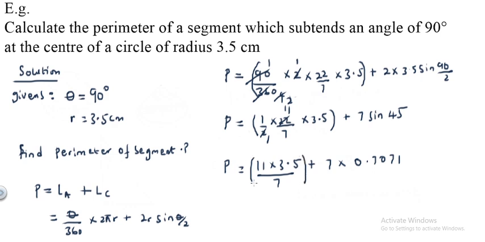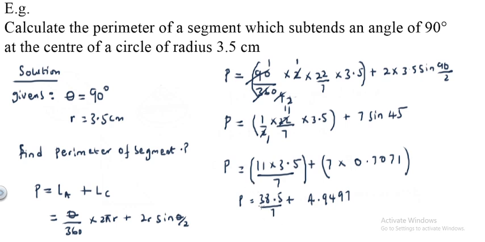Make sure you deal with this in BODMAS form, so deal with the brackets first. 11 times 3.5 is 38.5, so P is equal to 38.5 over 7 plus 7 times 0.7071, which is 4.9497.